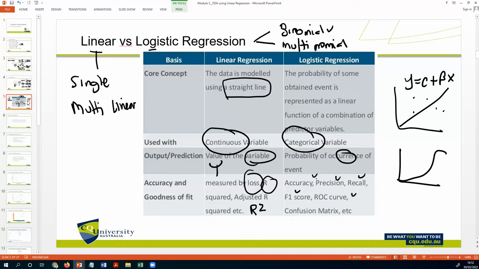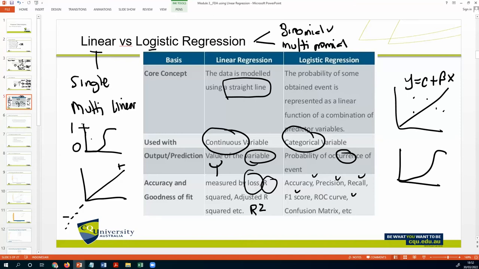I don't understand. How is linear regression different from logistic regression? Different. In logistic, the result will be 1 and 0. So maximum is 1, minimum is 0. Linear regression can be negative, so the result may be positive or negative.